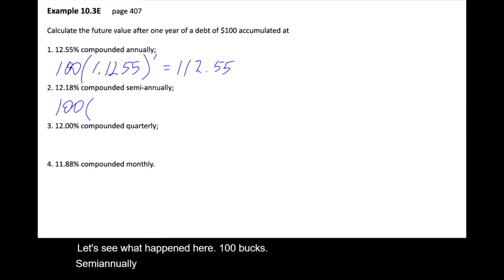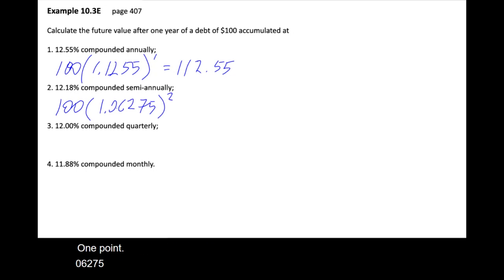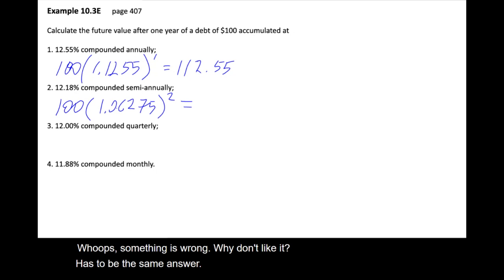$100 semi-annually. 0.1255 over 2. I have 1.06275 exponent 2. Oops, something is wrong. Why I don't like it? It has to be the same answer. Let me double check my calculations.